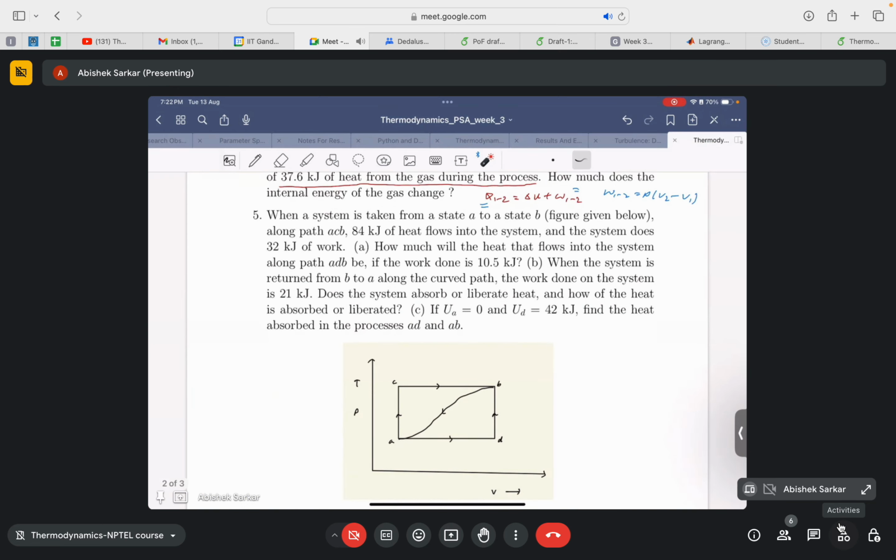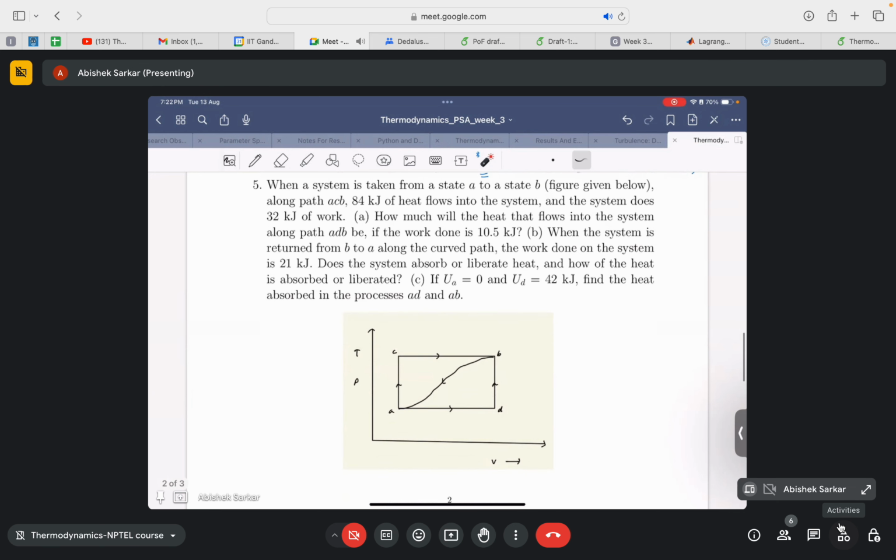I hope the question is clearly visible. Okay. Question number 5. When a system is taken from state A to state B along path ACB, 84 kilojoule of heat flows into the system, and the system does 32 kilojoule of work.